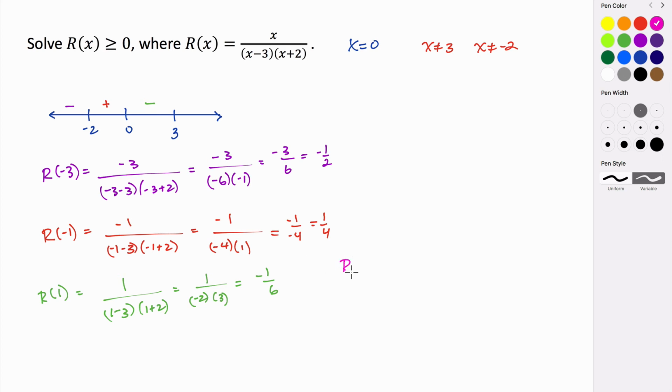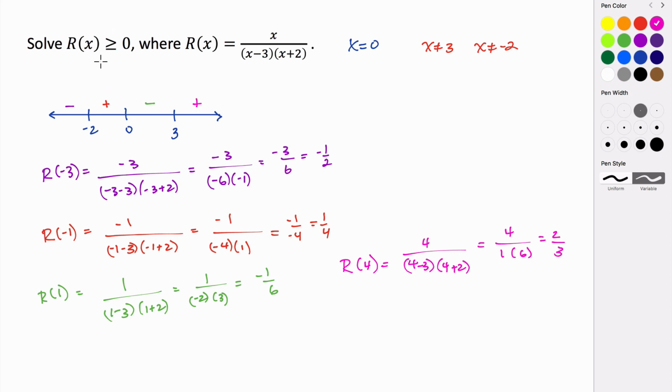What is r of 4? Plugging 4 in, we get 4 divided by (4 minus 3) times (4 plus 2). So that's 4 divided by 1 times 6, which is positive 2/3. So that's positive there.